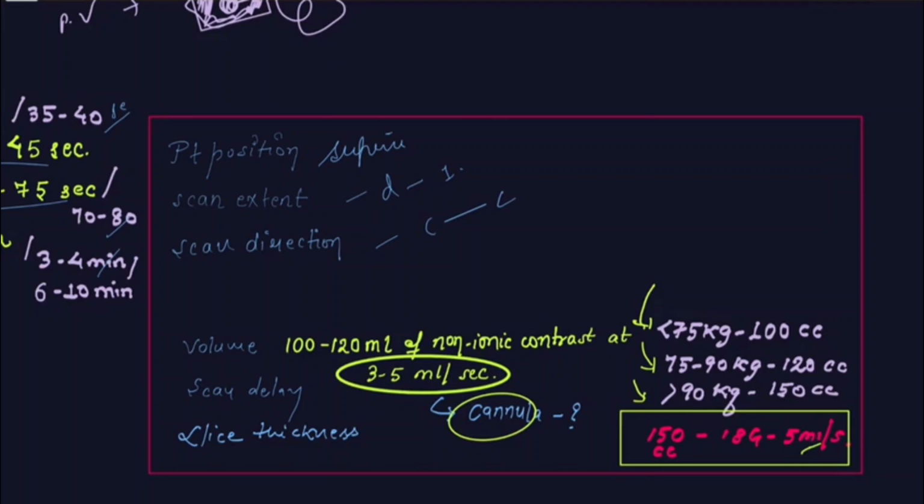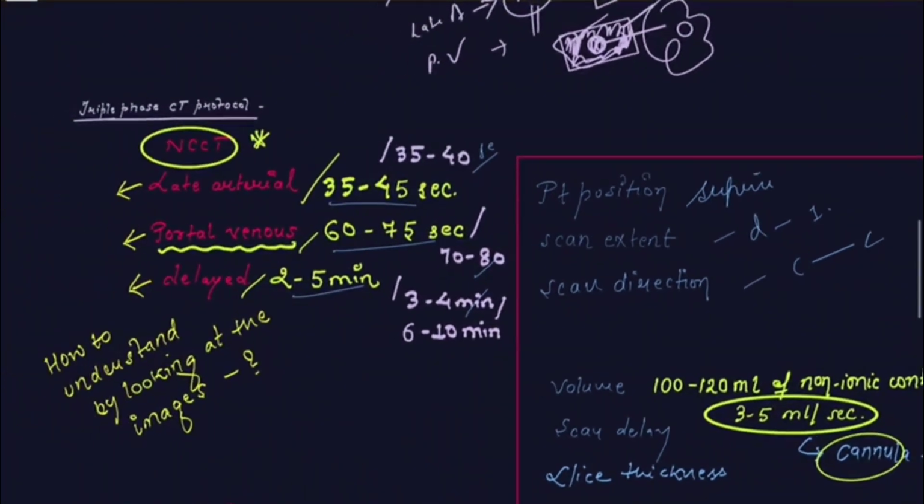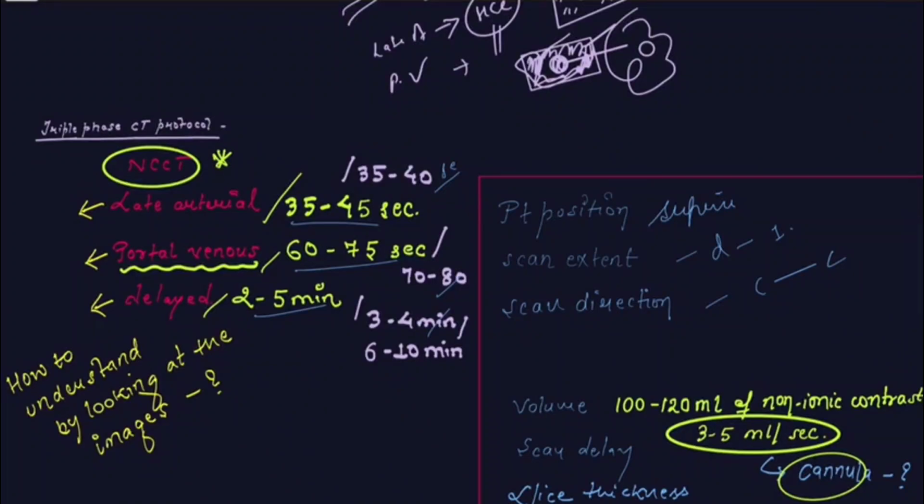So usually 150 cc of non-ionic contrast through 18 gauge cannula at the rate of 5 ml per second. The scan delay we already have discussed: 35 to 45 seconds, 60 to 75 seconds, and 2 to 5 minutes delay. Okay, these are the time frames for the CT technician.